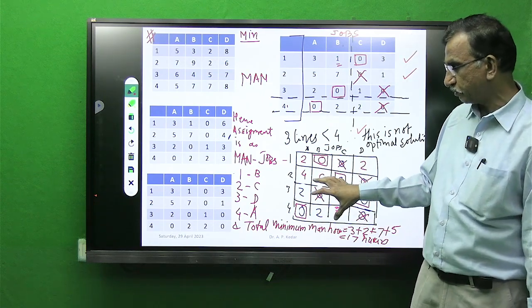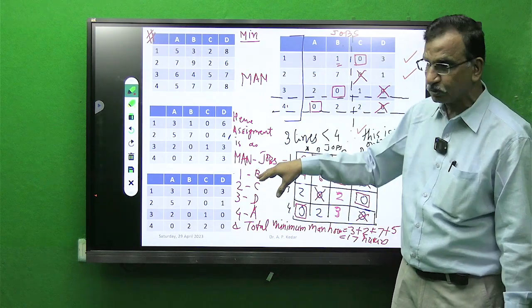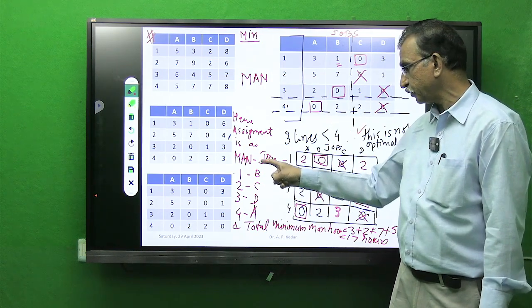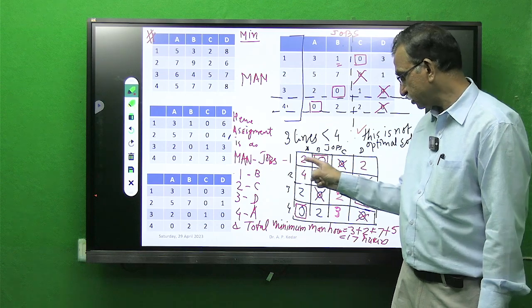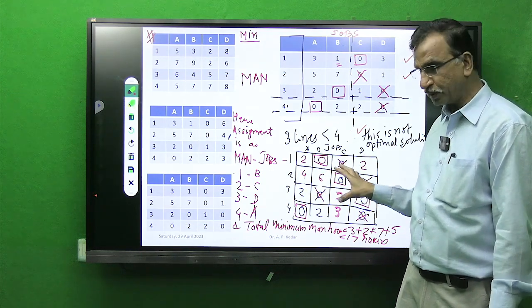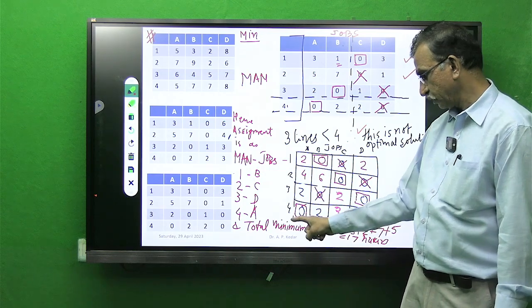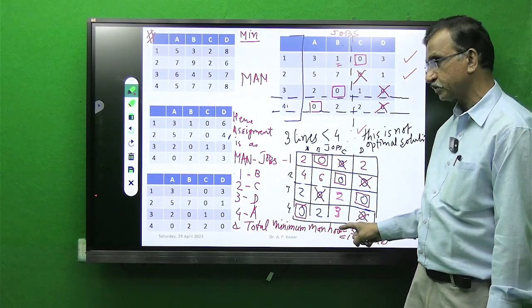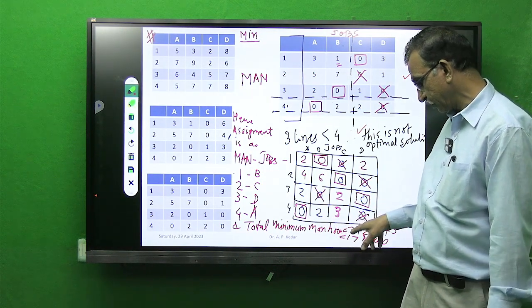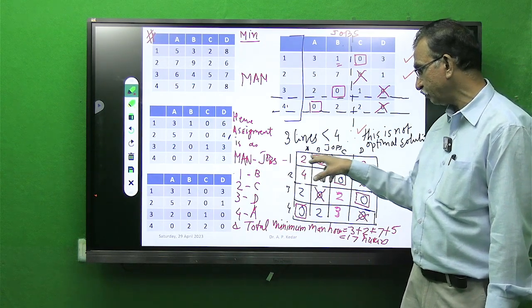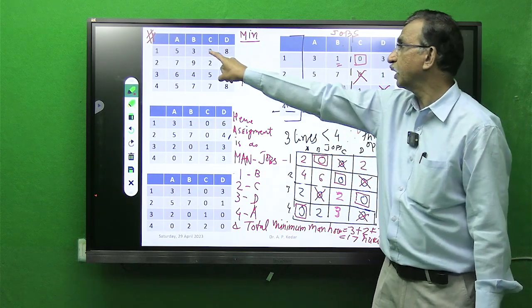After getting this assignment, you have to interpret your final answer in this form: combination of different men with jobs, these assignments from this matrix and their timing from the original matrix. Minimum man hours was the data given. So this 3 comes as a result of assignment of man 1 with job B, and the value is 3.